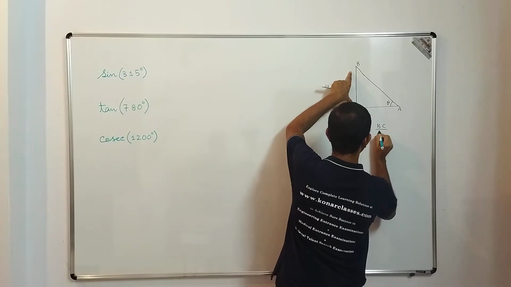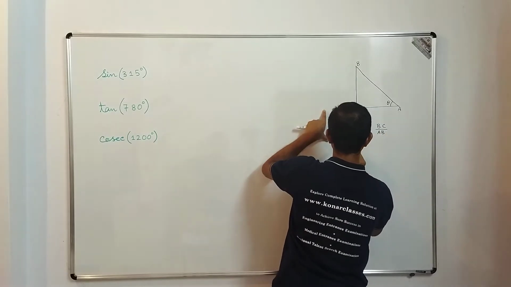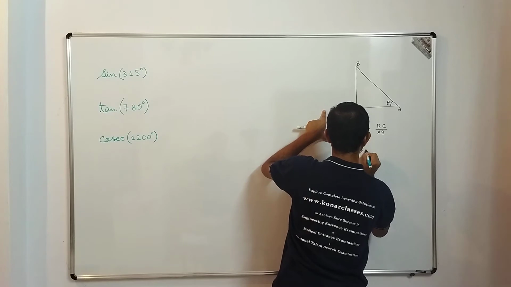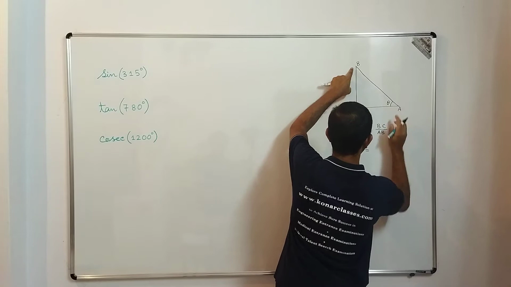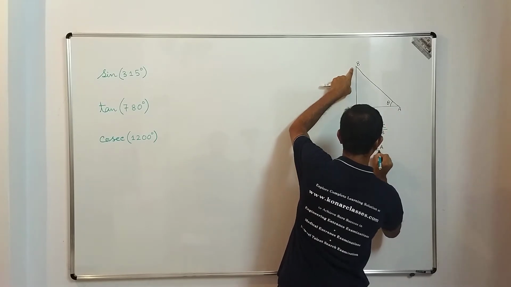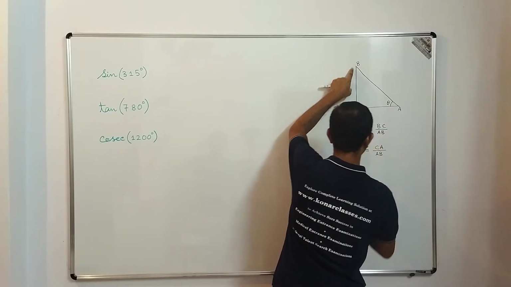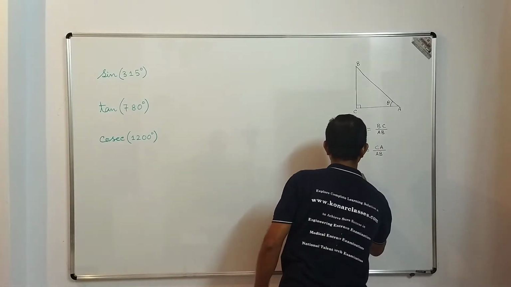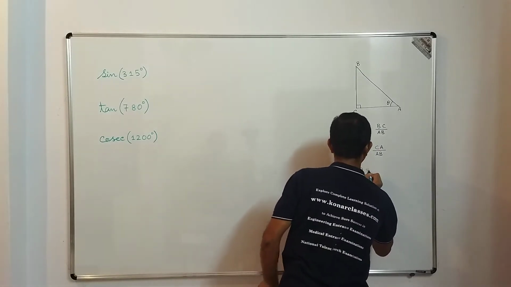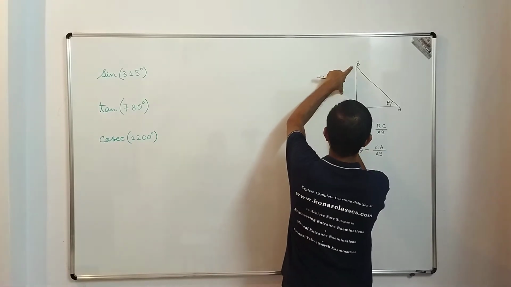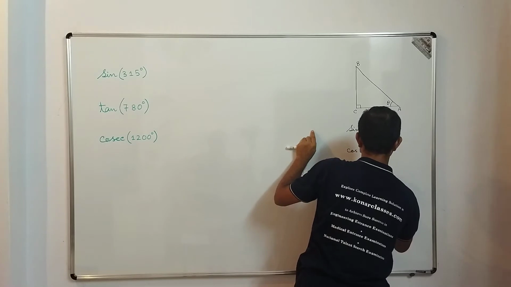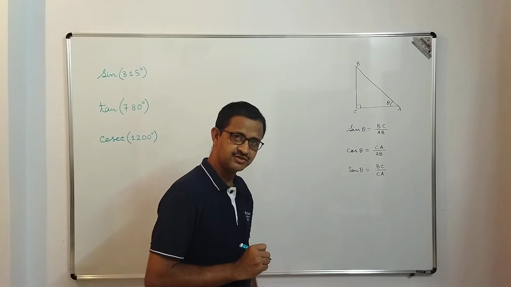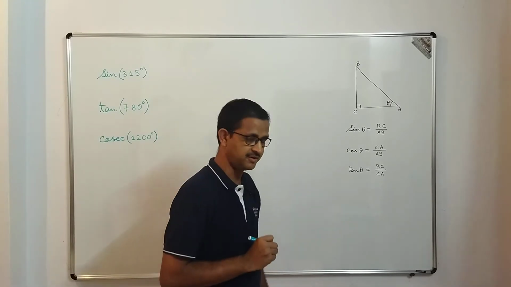What is the value of cos theta? Cos theta is base by hypotenuse, that is CA by AB. And what is the value of tan theta? That is equal to perpendicular by base, that is BC by CA. These are the very fundamental things we have learned in the basics of trigonometry.